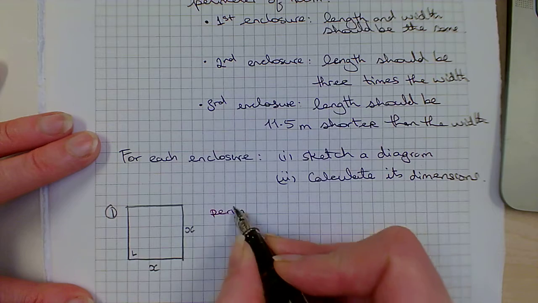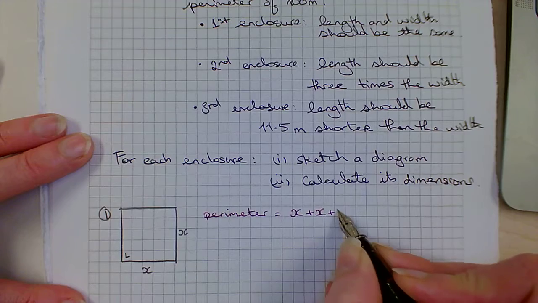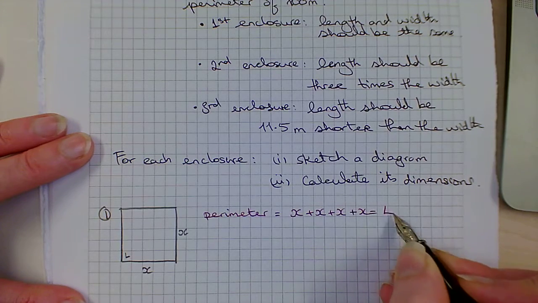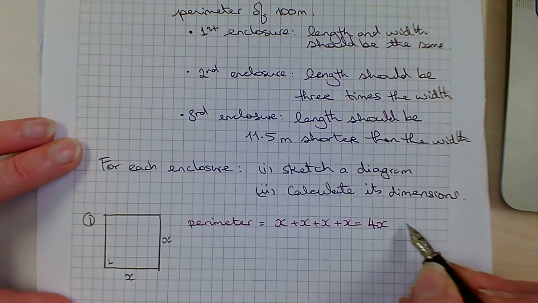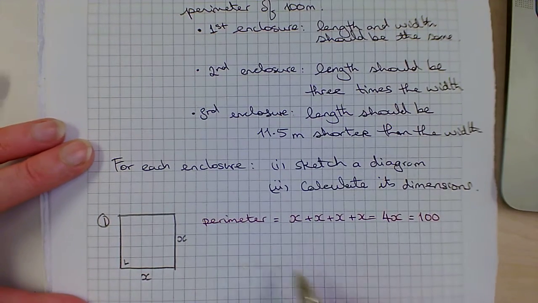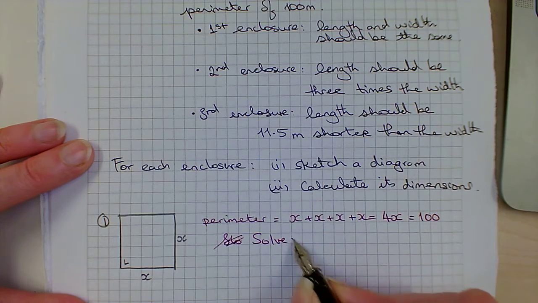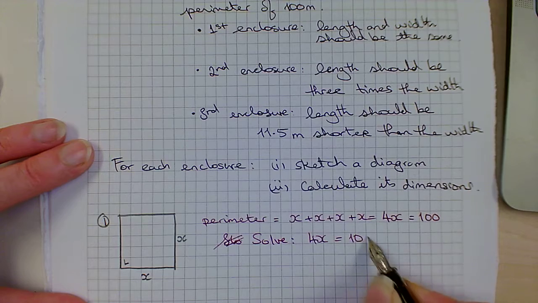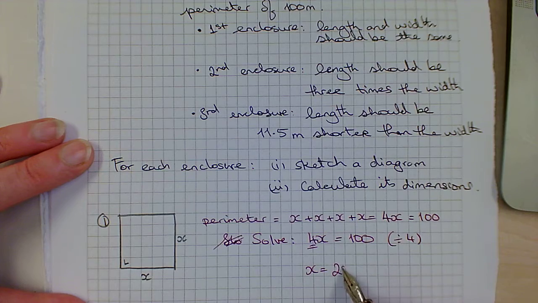We don't know the area, but the perimeter of a square is all 4 sides added together, and because they're all the same length, that gives us 4 times x. So the perimeter is 4x, but we also know that the perimeter is 100 meters. So 4x is equal to 100, which means we divide across by 4 and x is equal to 25 meters.